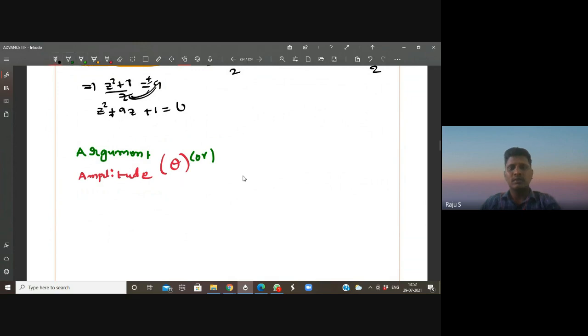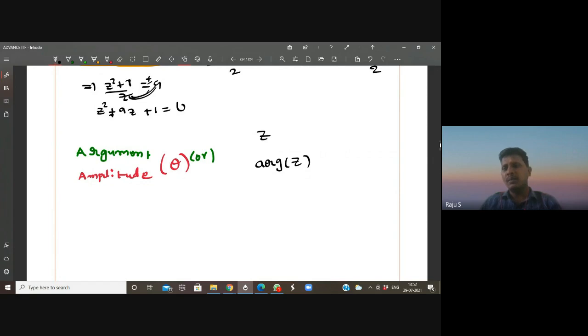If z is any complex number, the argument or amplitude of the given complex number is denoted by arg z. Simply, the argument of the complex number we can write as arg of z. Is that clear, students?